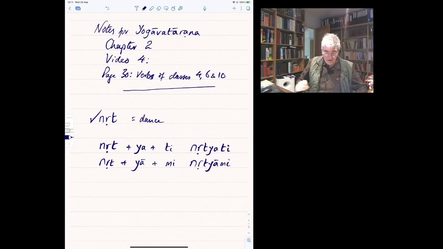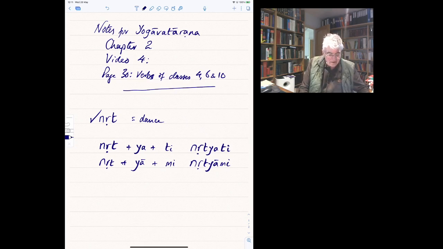At the bottom of page 30, this verb is now declined in the present tense, parasmaipada, active. Hopefully you should be able to work out the Devanagari for yourself by now. So what I'll do, I'll just read it through to you slowly, going across the lines and then down, and then I'll write it out for you in Roman script on the screen.